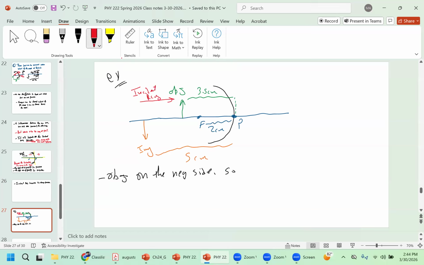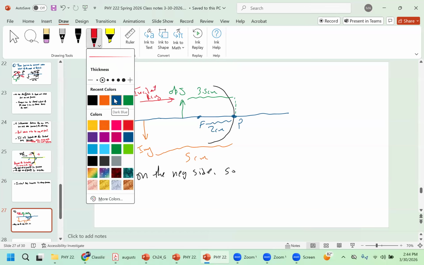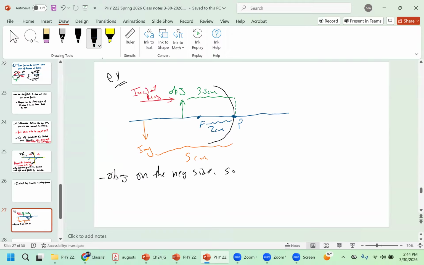Because the incident ray is going in this way, it's going to go through the P. That means here's your positive, and this is gonna be your negative side. So the object is on the negative side because the incident ray is going in. So the object distance is negative, and it's gonna have to be minus 3.5 centimeters. That means this 3.5 will be negative because it's on the opposite side of P from where the incident ray goes in.